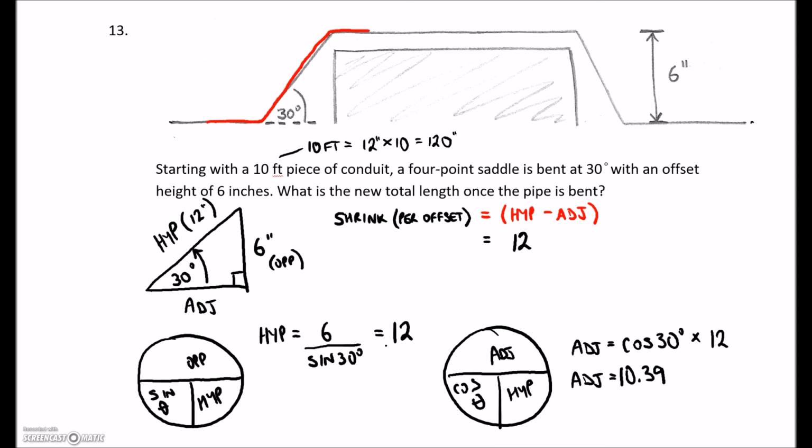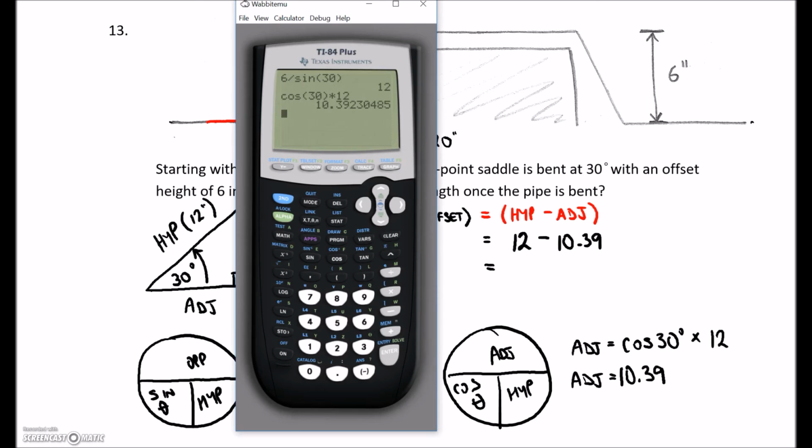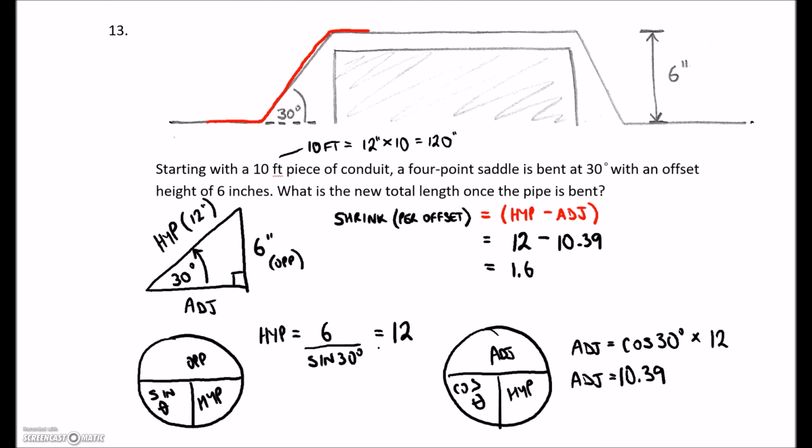Okay, it was a glitch in the matrix. So 12 minus our adjacent of 10.39 gives us 1.61. So we're going to lose 1.61 inches for each offset.